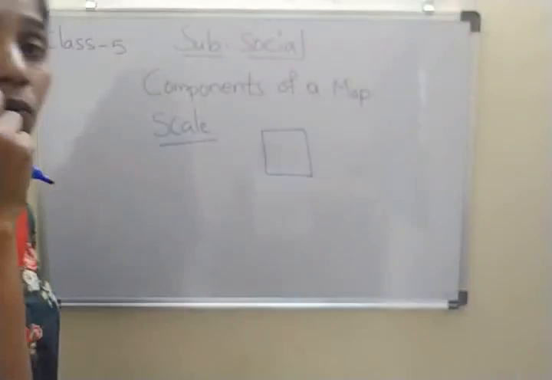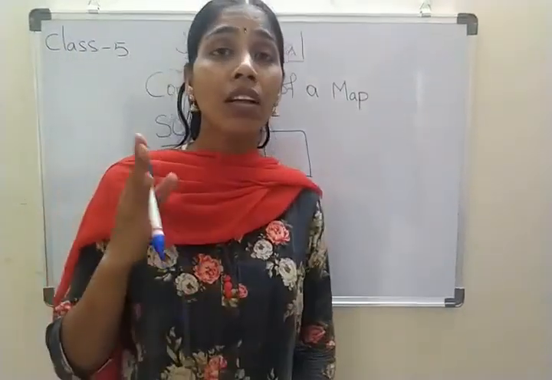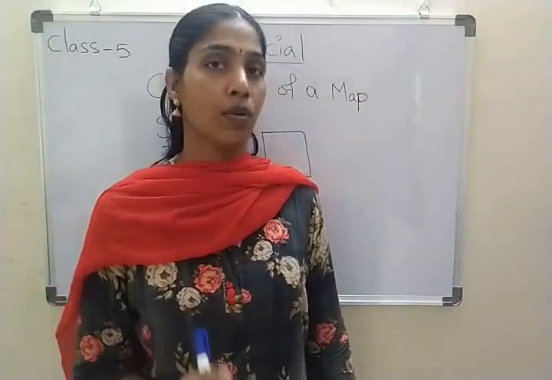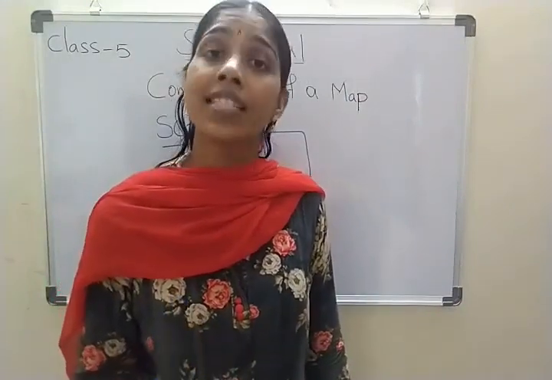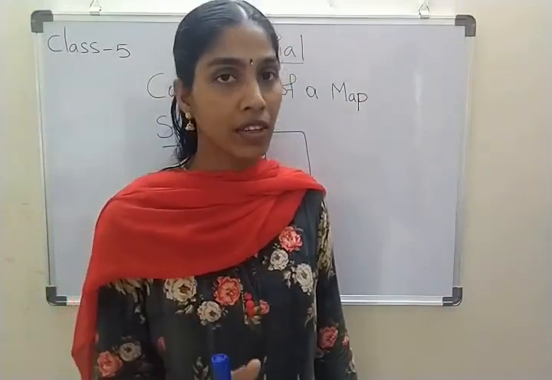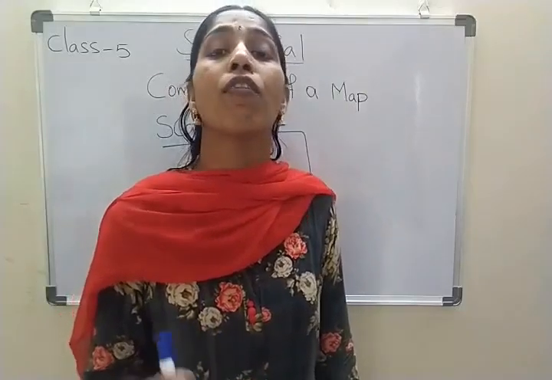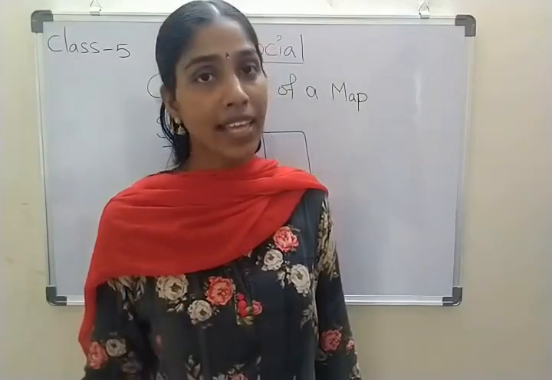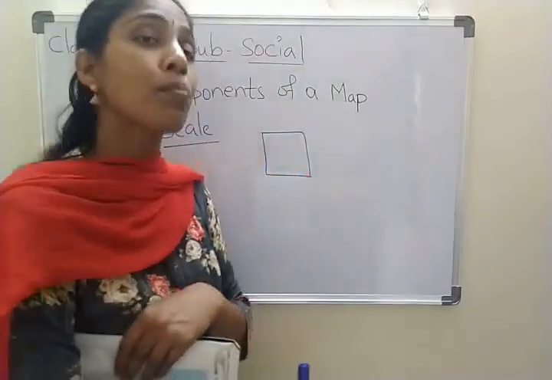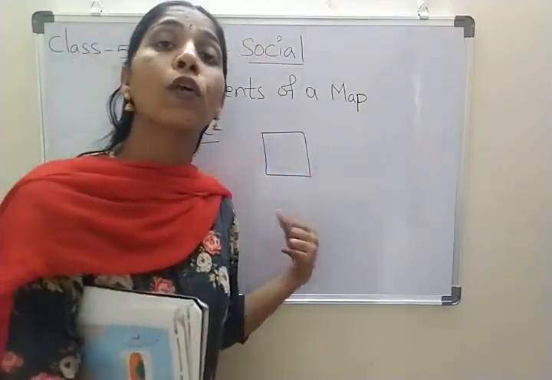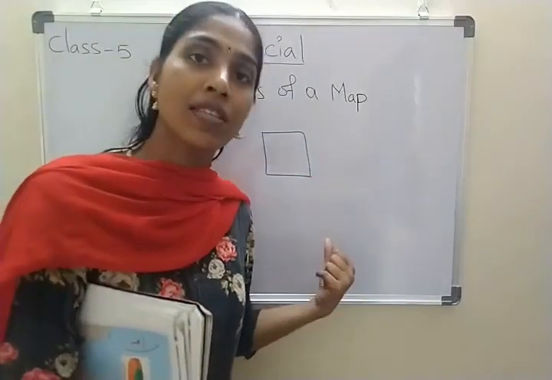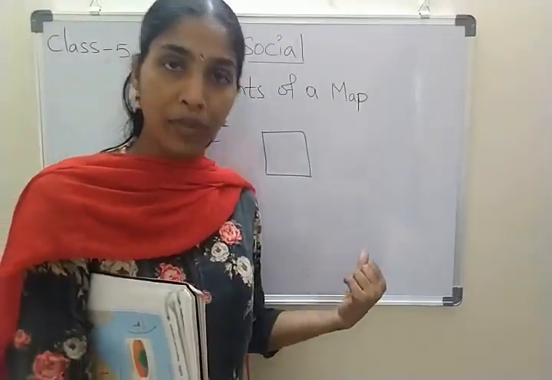Okay. So, what did we understand here? Maps are drawn with a scale. Okay. Now, children, tell me, what is a sketch? Very good. A sketch is a rough drawing. Okay. So, a sketch is not scaled. Okay, coming to maps, maps are drawn with a scale. Am I right, children?